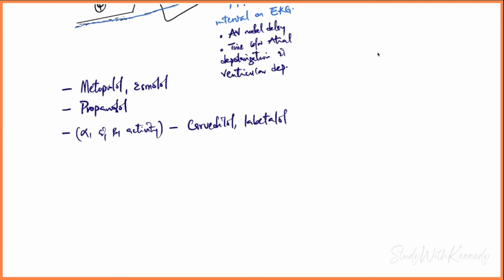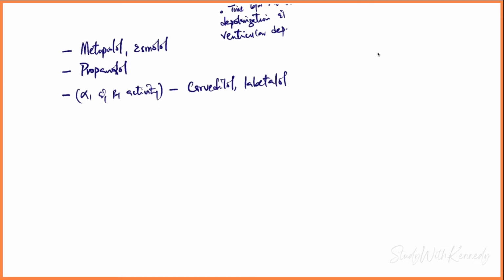What you would notice here is that these medications that have wider activity, alpha 1 and beta 1 activity, don't end in -olol. They end in -alol and -ilol: carvedilol and labetalol. So carvedilol and labetalol have both beta 1 activity and alpha 1 activity. And you want to remember that.